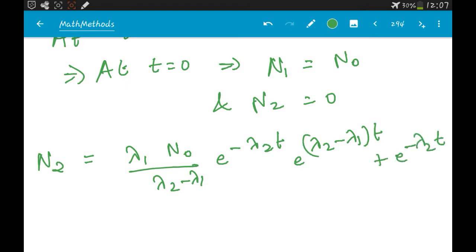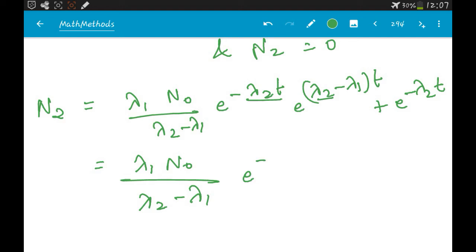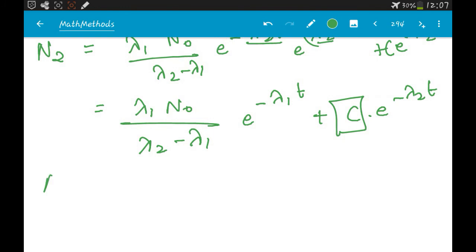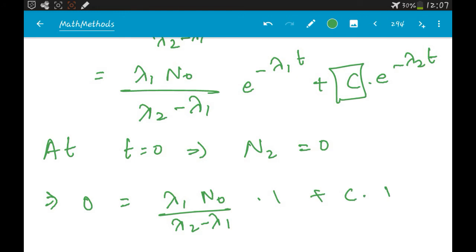This equation can be simplified: lambda 1 N naught by lambda 2 minus lambda 1, and this can get cancelled, so we are left with e power minus lambda 1 t plus c into e power minus lambda 2 t. We still have to find c. At t equal to 0, N2 is 0, so we get 0 is equal to lambda 1 N naught by lambda 2 minus lambda 1 into 1 plus c into 1.